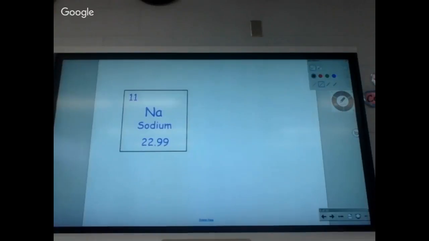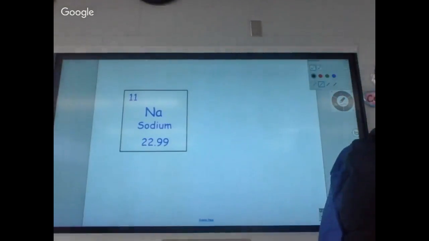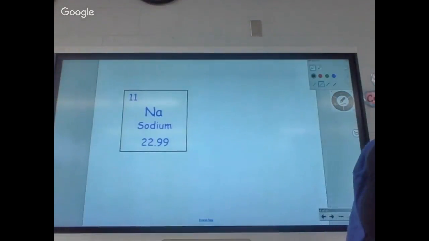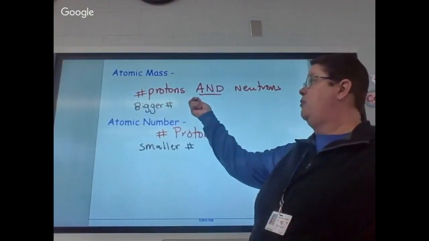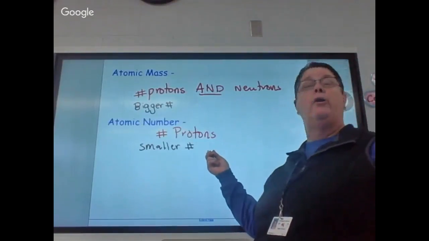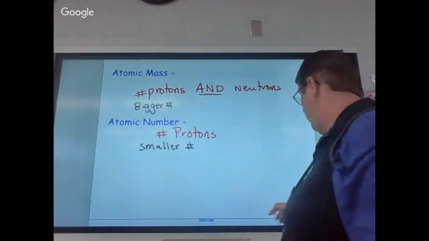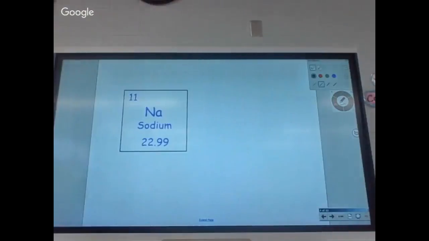Now, when you look at these, one of them's the atomic number, one of them's the atomic mass. And some of you are going to get them backwards all the time, okay? So that's why I gave you these clues. The one that's the bigger number is always the what? The mass. The one that's the smaller number is always the what? The number, okay? So when you look at this, it doesn't matter who's on the top and who's on the bottom.